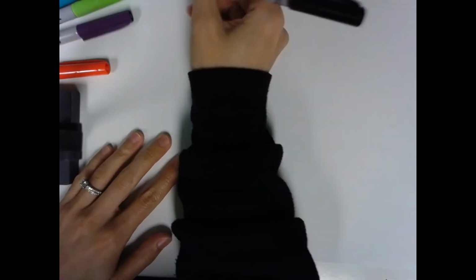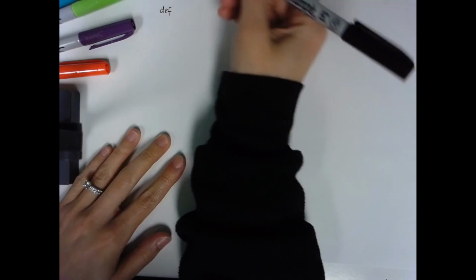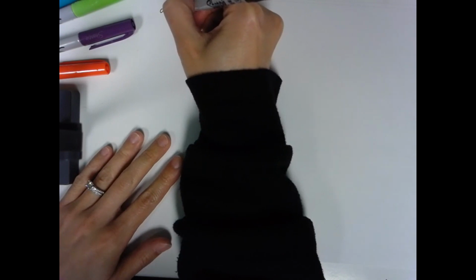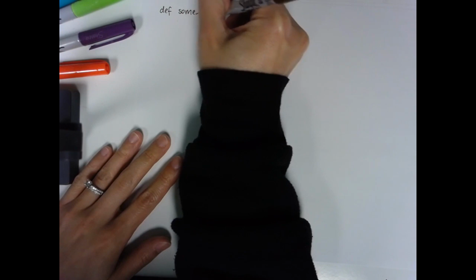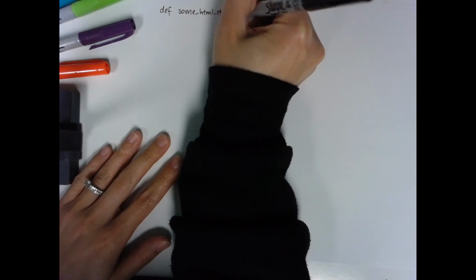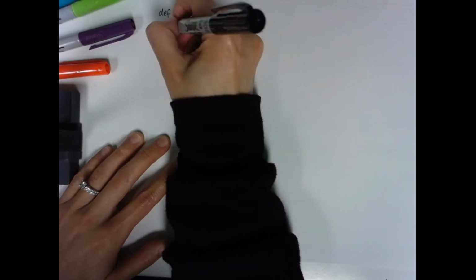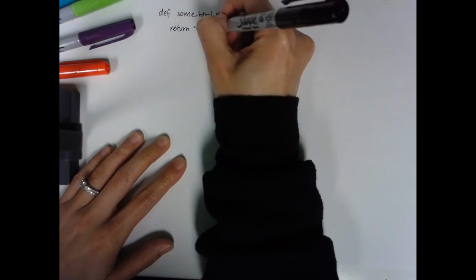We've been writing functions for the past several days. What if I asked you to write a function that returned a string that looked like HTML? What might you put? Maybe you thought of something like this. We're going to do an h1 tag.